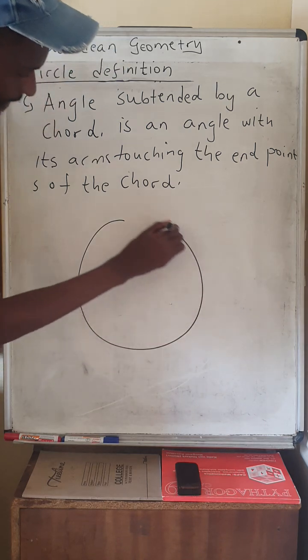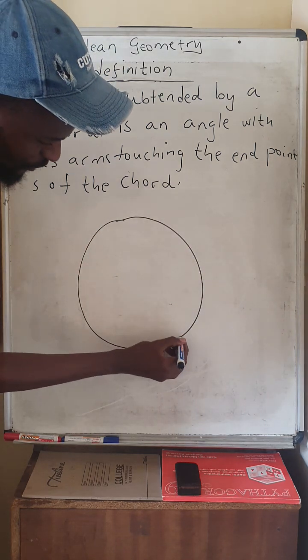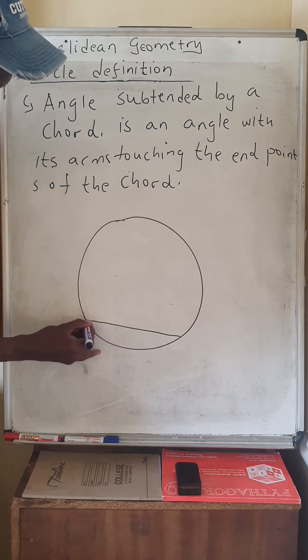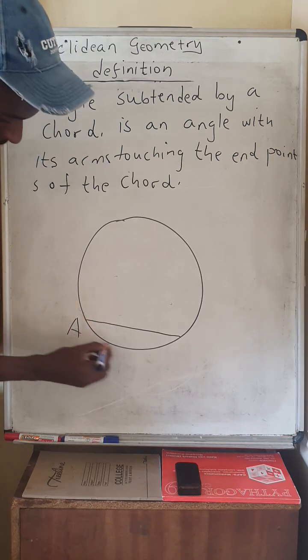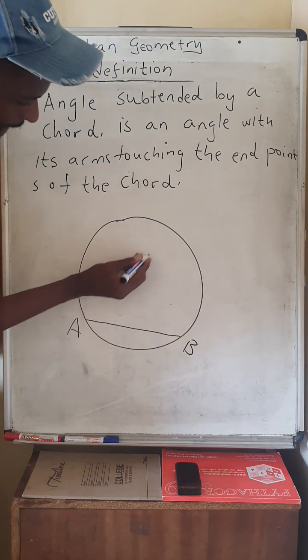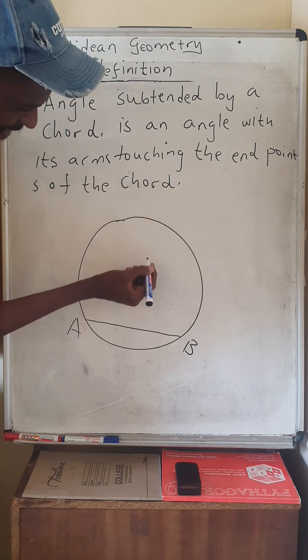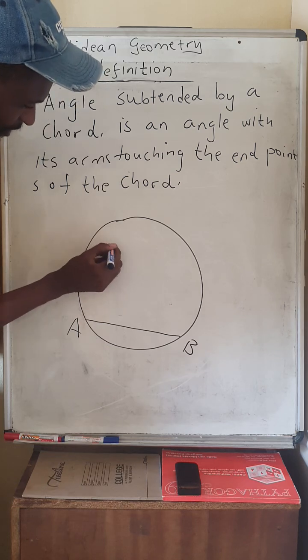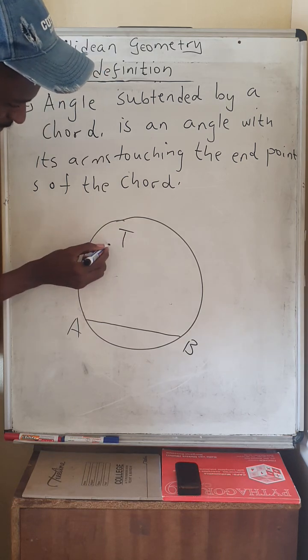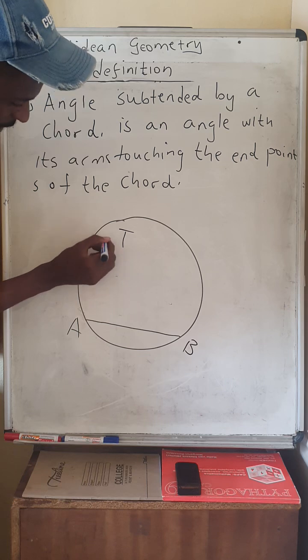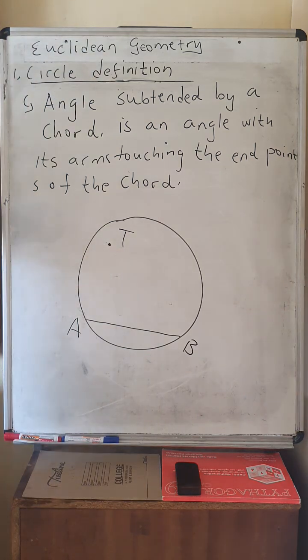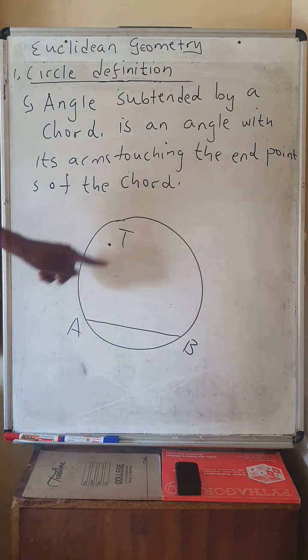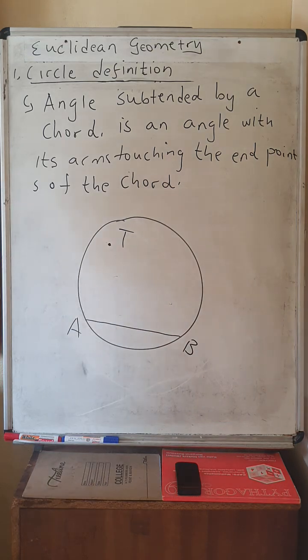Here I'm going to need a circle, and then I'm going to draw a chord. Let me call this chord AB. And have an angle, let me just have it here. So this is T, and this becomes the vertex of angle T. If I want this angle to be subtended by chord AB, what should happen?